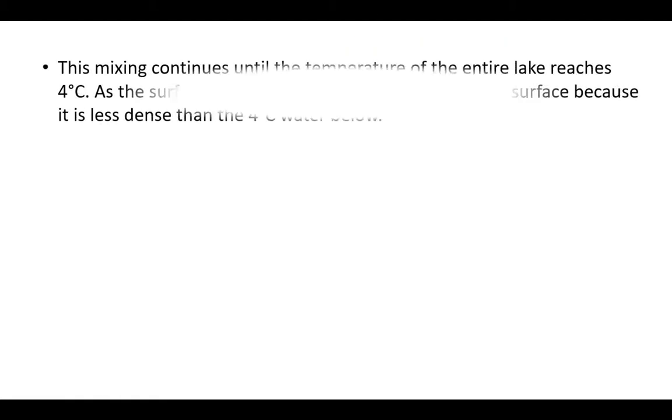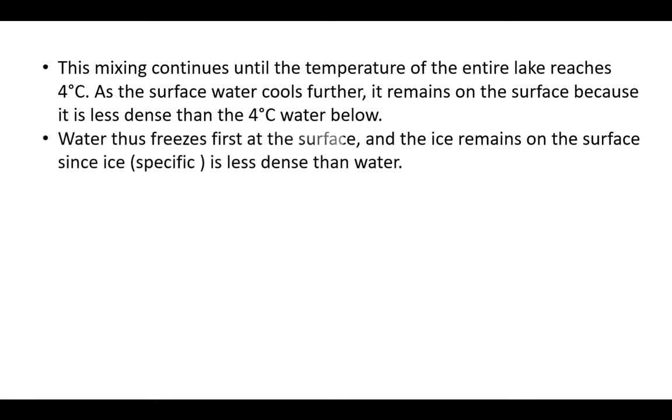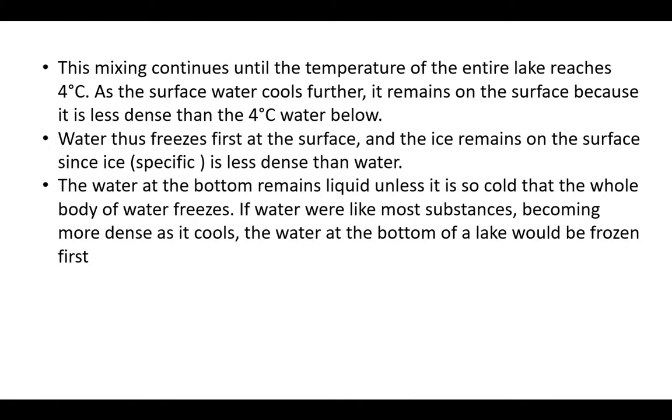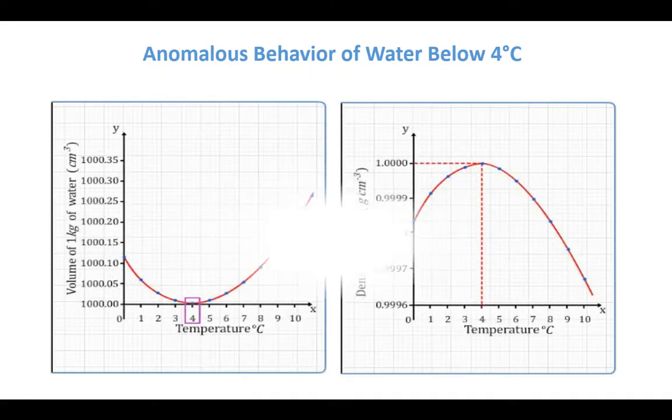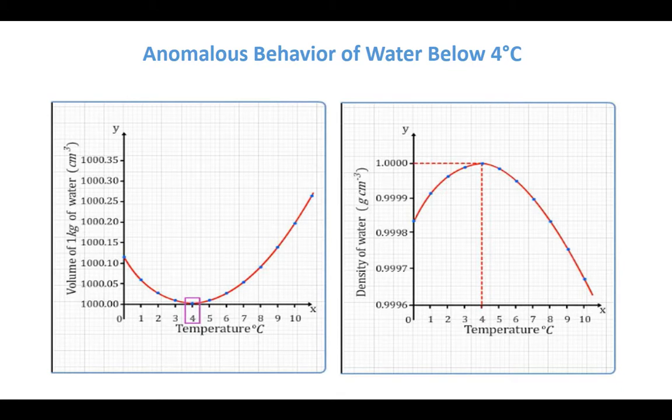Let's quickly look at the table. When you look at the table here, this is for the volume, and then this is for the density. We know that as you increase the temperature in degrees Celsius, at 4 degrees Celsius, the volume is minimum for water.